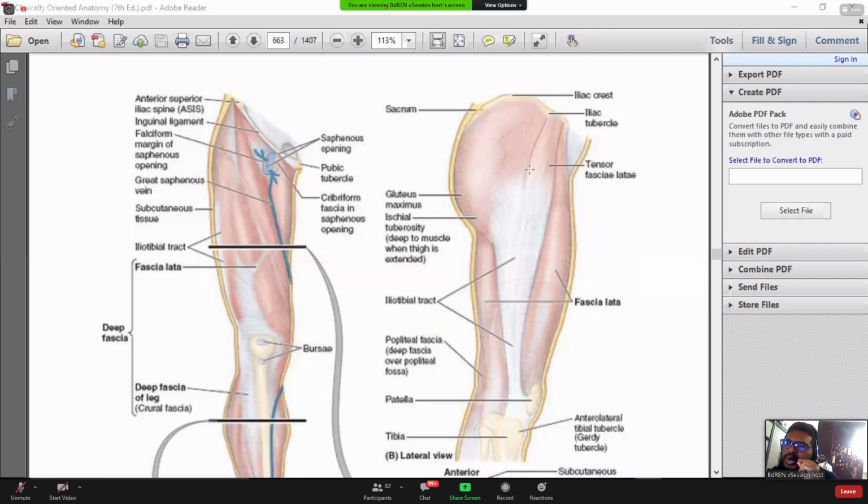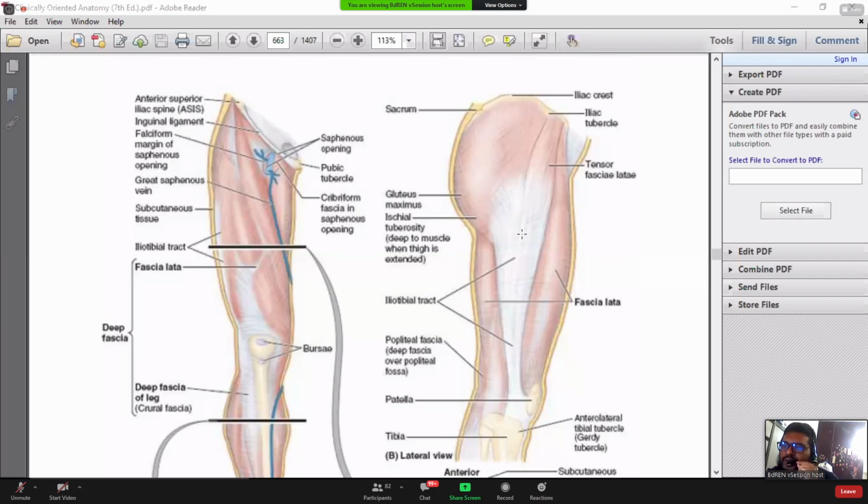And in between them is a gap actually, and that is called the gluteal aponeurosis. So the tensor fasciae latae and the gluteus maximus are covered by the splitting of the iliotibial tract superiorly. And it is very important in maintenance of the position of the knee. We'll study it later.